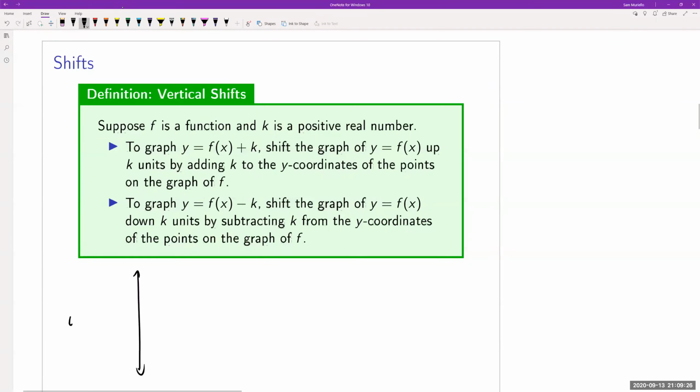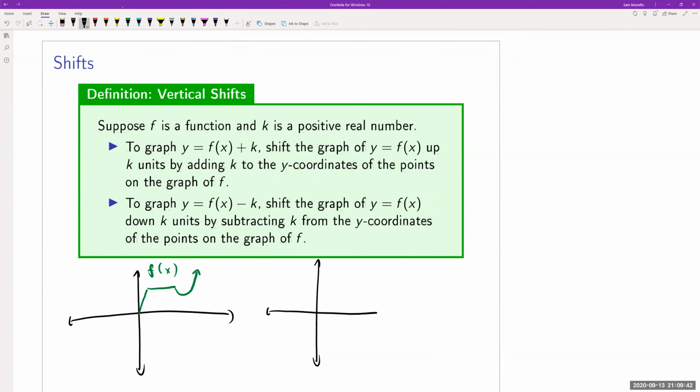For example, if I was to take our standard graph again, which recall is f of x, then we can look at what f of x might look like if it was shifted upwards.